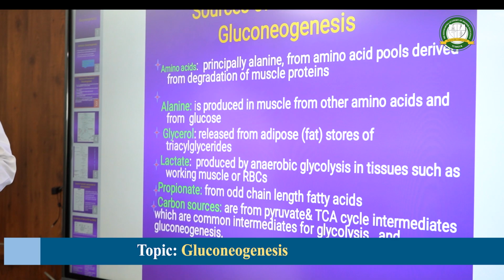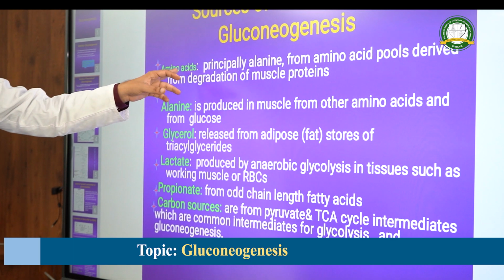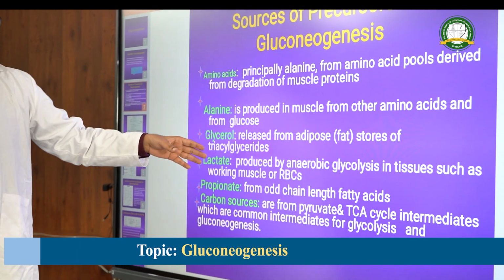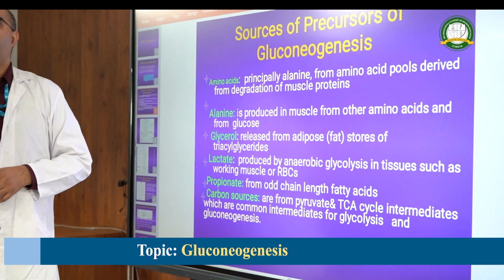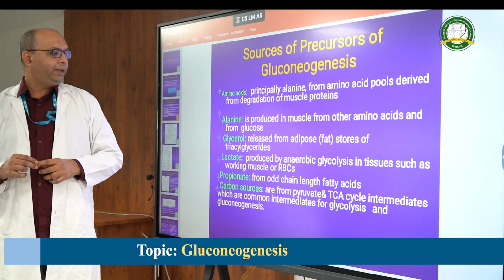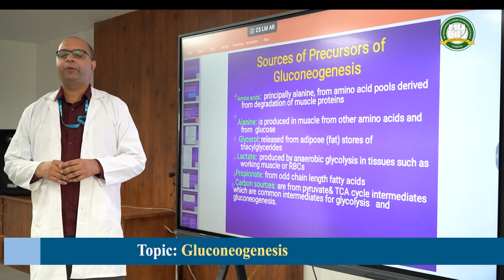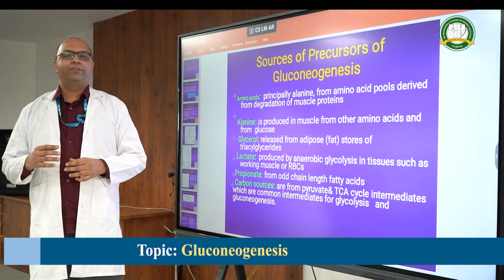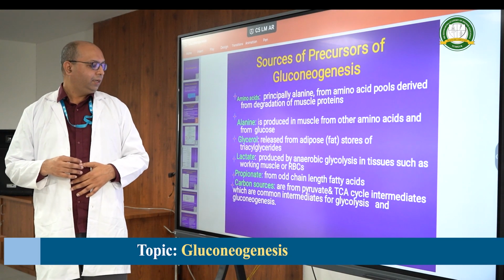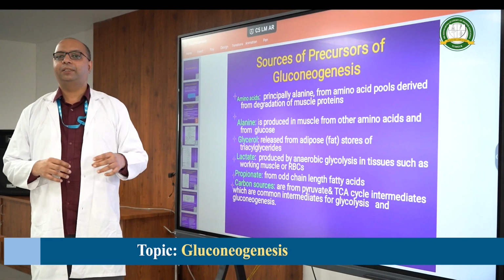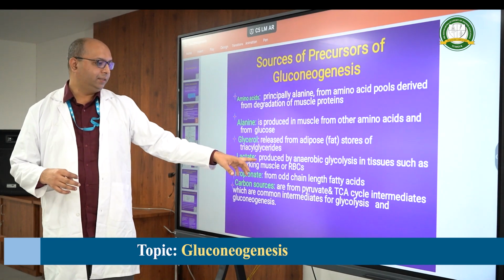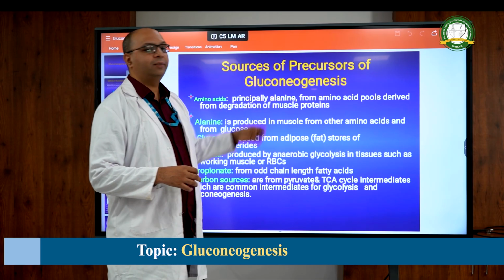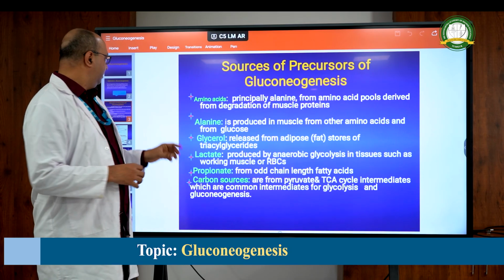Alanine is the most common amino acid which gives rise to glucose. Glycerol is the breakdown product of triglycerides, and propionate is the breakdown product of odd chain fatty acids. Also, we have lactate, which is the product of anaerobic glycolysis. All these will become precursors for gluconeogenesis.